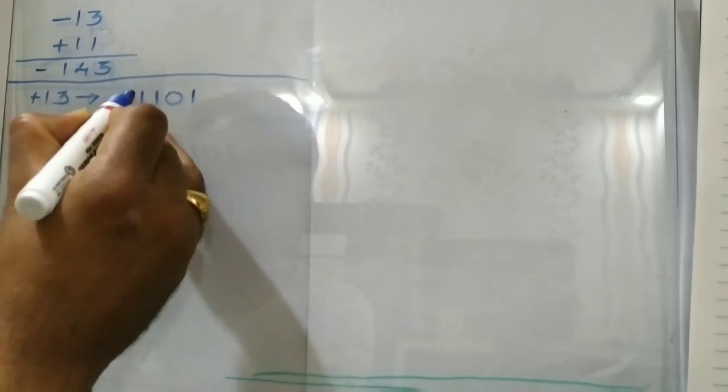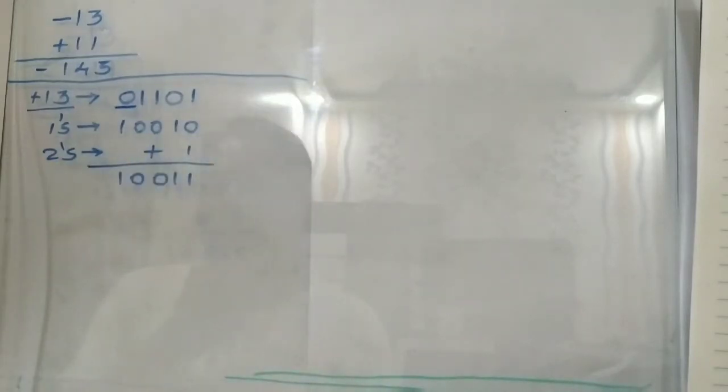If your answer is no, then you are right. It's not sufficient. Why? Because we require one more bit at the MSB which will represent the sign of this number. And in this case, as 13 is positive, first we are considering positive 13. So as our 13 is positive, we should consider 0 as the sign bit.